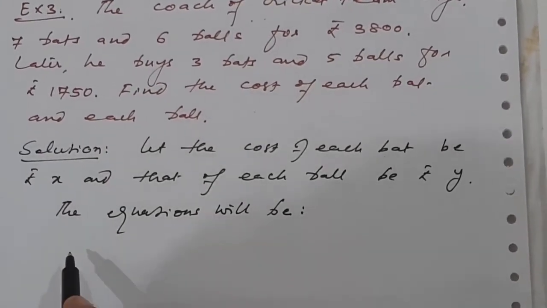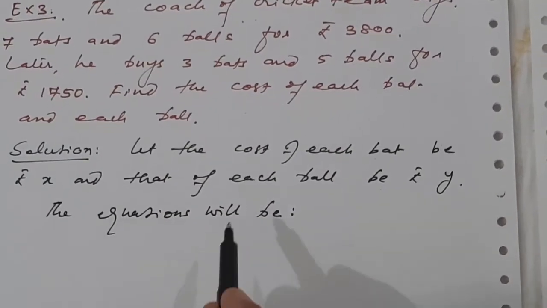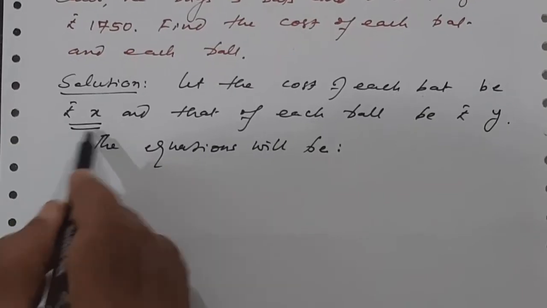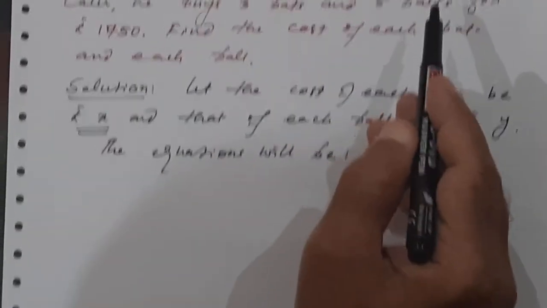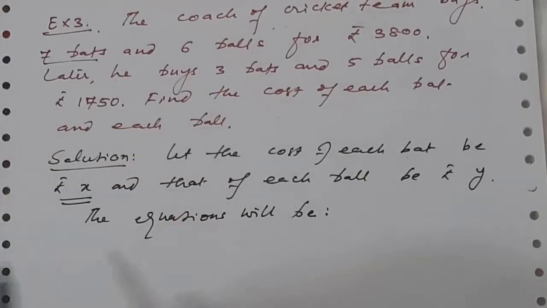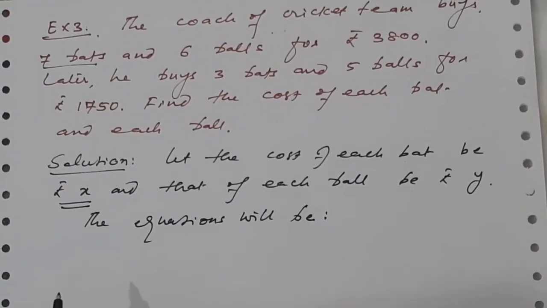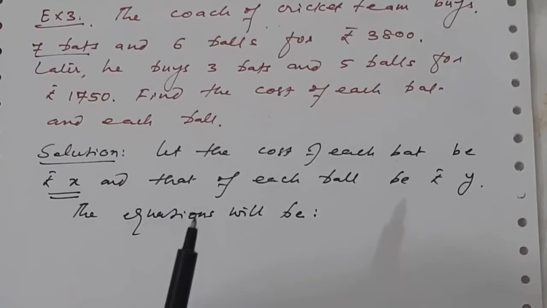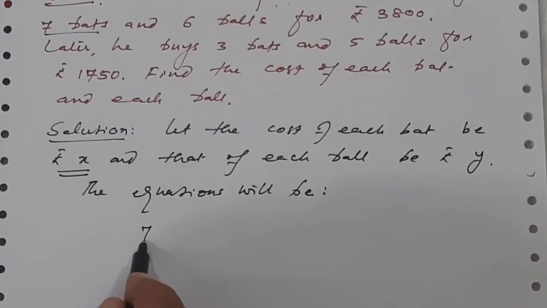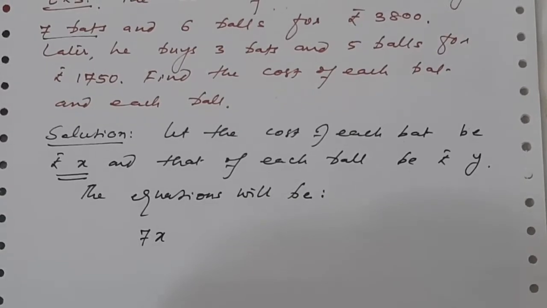First, now what is that? The cost of one bat is rupees x, and in the first condition he is buying 7 bats. So what will be the cost of 7 bats? Cost of one bat is rupees x, so the cost of 7 bats will be 7x, obviously.